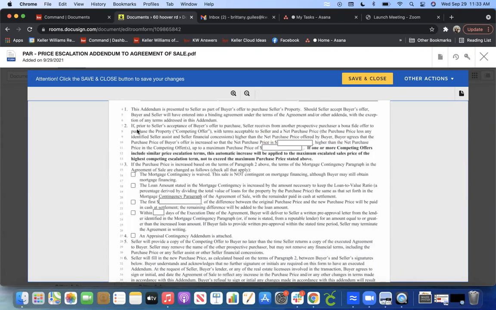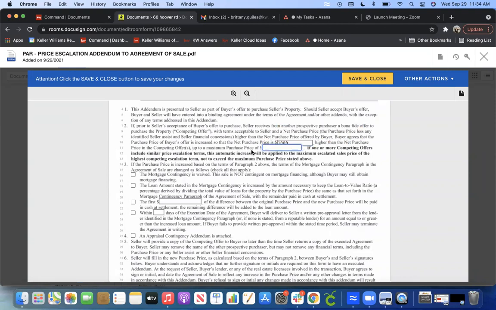What it's saying is that the buyer is willing to increase their offer so that the net purchase price is blank higher than the net purchase price of a competing offer. So for example, if your buyer is saying, I'm willing to pay $200,000, but I'm willing to pay $1,000 above the highest competing offer, you would put $1,000 in here.